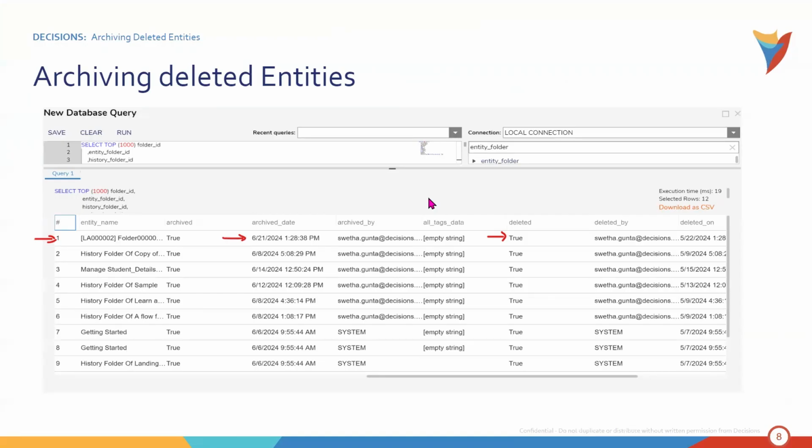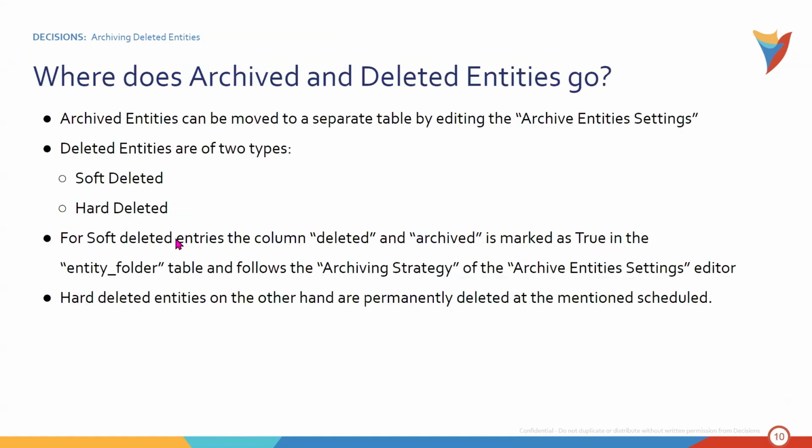So as we have just seen, all the soft deleted entities are also archived as the archived state changes to true. Now, where do archived and deleted entities go? Archived entities, as already discussed, can be moved to a separate table by editing the archive entity setting. Deleted entities can be either hard deleted or soft deleted.